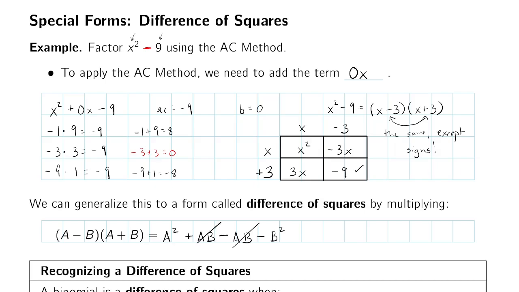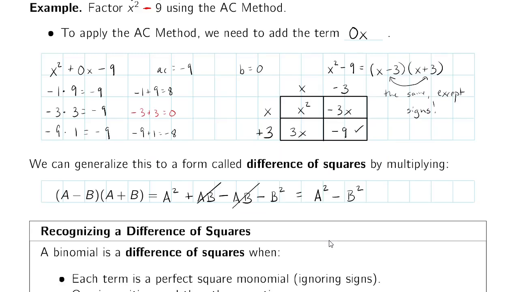Those two terms add up to 0, and we're left with a squared minus b squared. This is called a difference of squares for obvious reasons. We have two perfect squares, and we're doing subtraction to them.